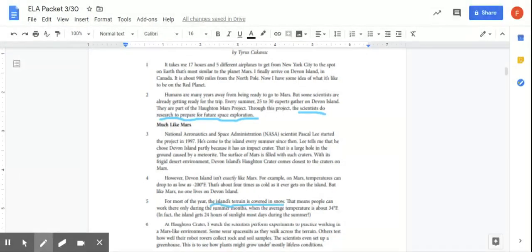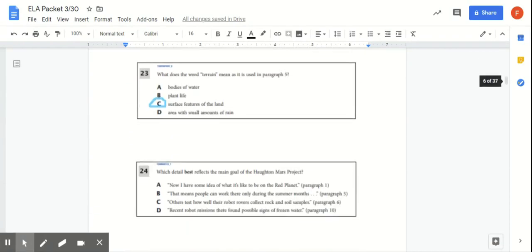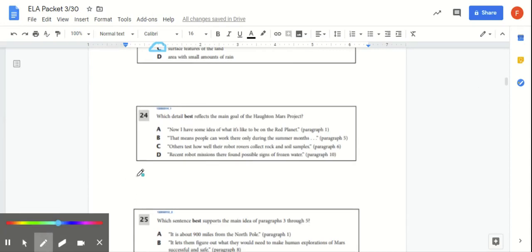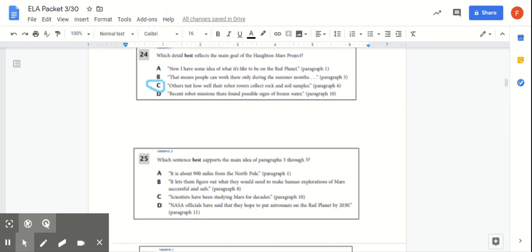This is to show us that scientists are sending their robots into a Mars-like environment to perform these types of experiments to see what it would be like for humans to be on Mars. So C would be my best answer.